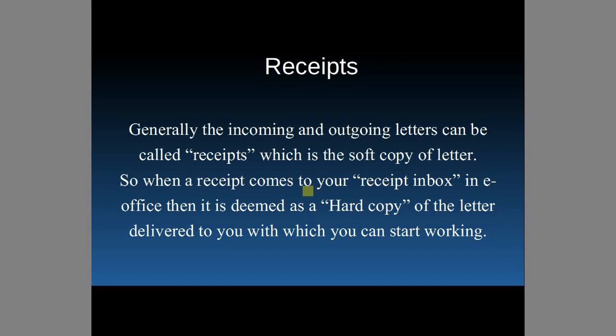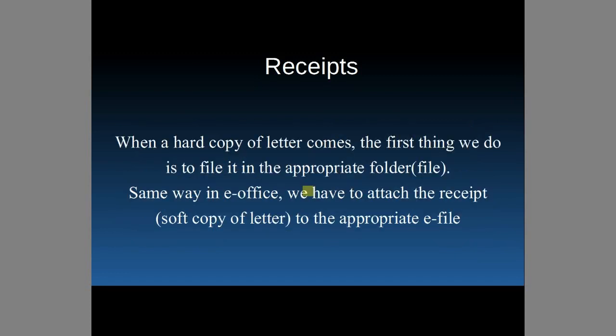So when a receipt arrives to your login ID in Eoffice, it can be deemed as a hard copy letter that came to your office. Usually when a letter comes to your office, you will file it. This is the first thing you will do. When a hard copy of a letter comes, the first thing we would do is to file it in the appropriate folder.